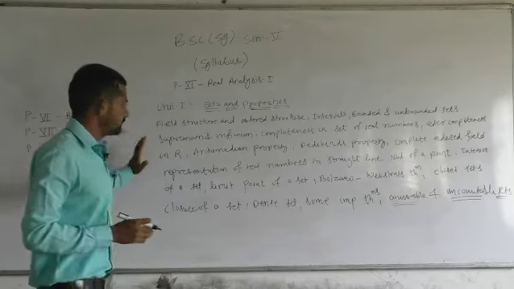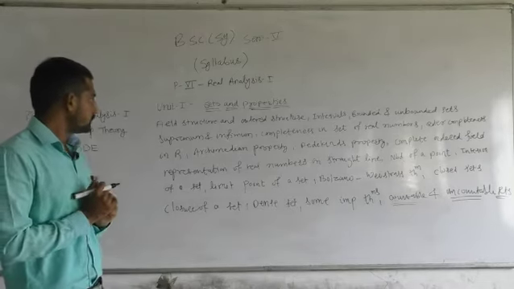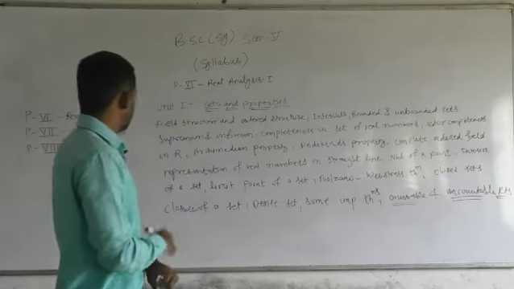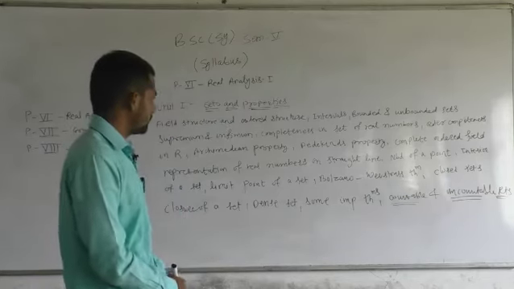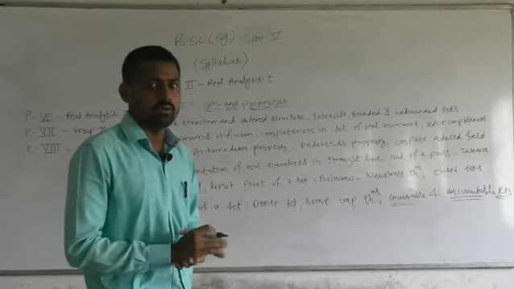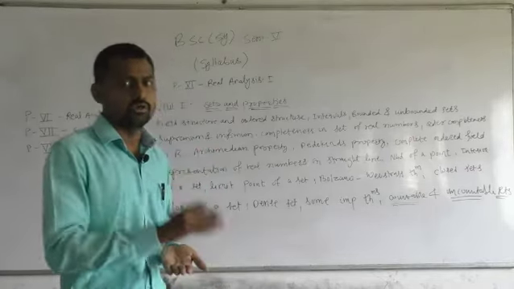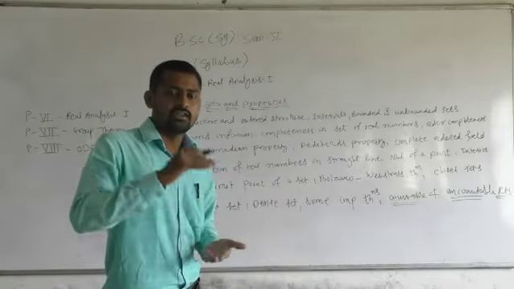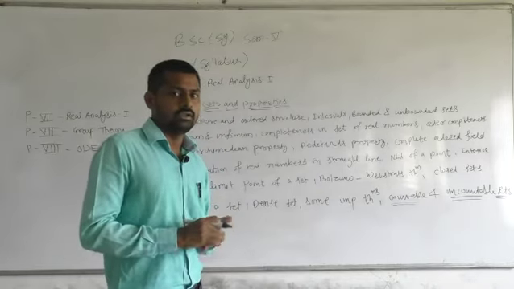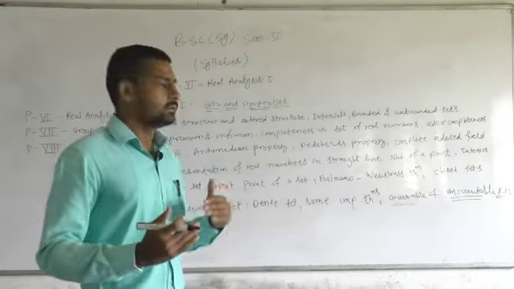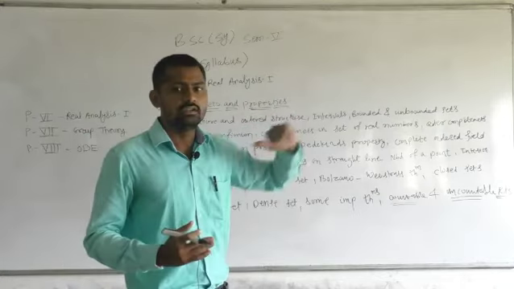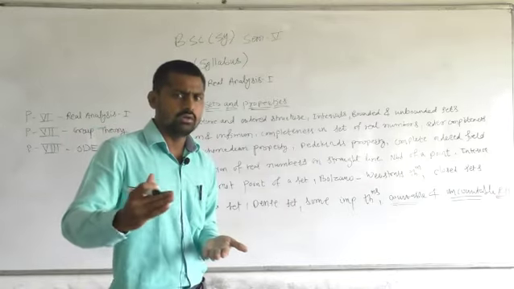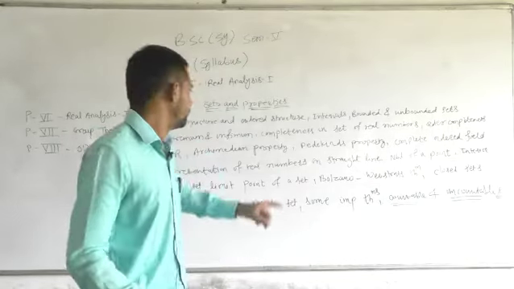This is unit 1st. So I repeat: unit 1st, sets and properties, field structure and ordered structure, intervals, open intervals, closed intervals, bounded intervals, unbounded intervals, bounded and unbounded sets. A set is bounded if it has a lower bound and an upper bound. A set is unbounded if it is not bounded above, or not bounded below, or both.